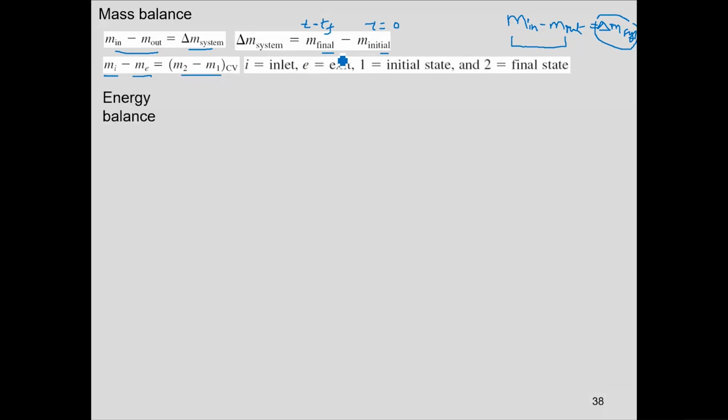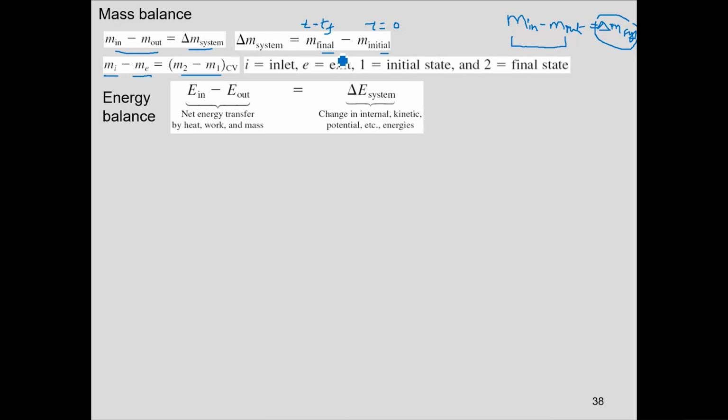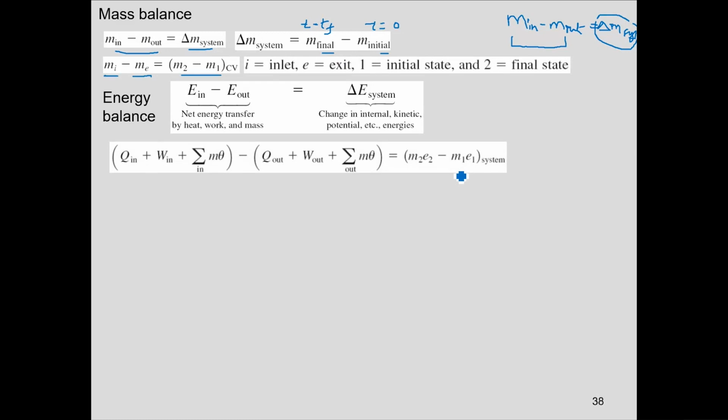Similarly, the energy balance equation refers to the energy transfer due to heat, work, and mass. So you say that heat is coming in, work is being done on the system. m theta, this is referring to the inlet, and the mass flow rate at the inlet is constant and steady throughout the process. Similarly, Q out, W out, and m out, this is at the exit.